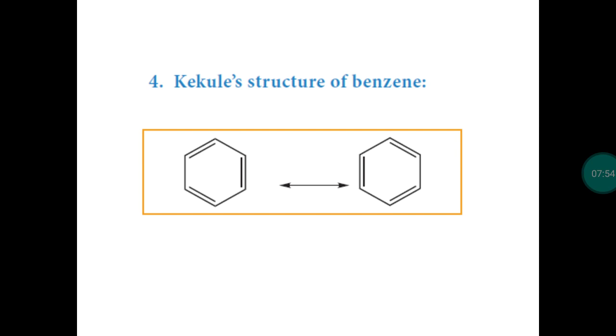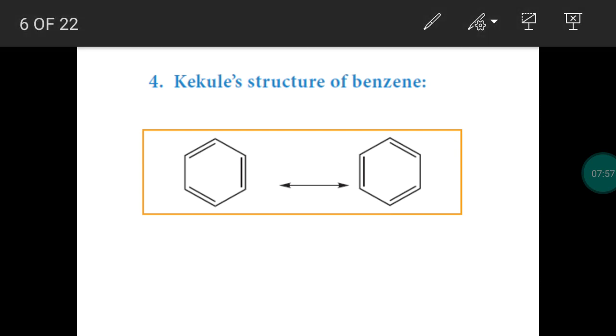Next, fourth point, Kekule's structure of benzene. So this is the name of the scientist, Kekule. He first proposed the structure of benzene in the cyclic form. So the cyclic ring of benzene was first proposed by the scientist Kekule.